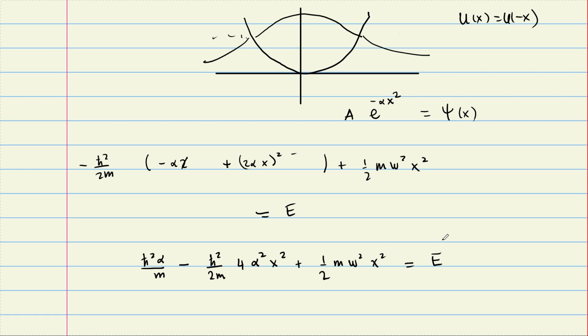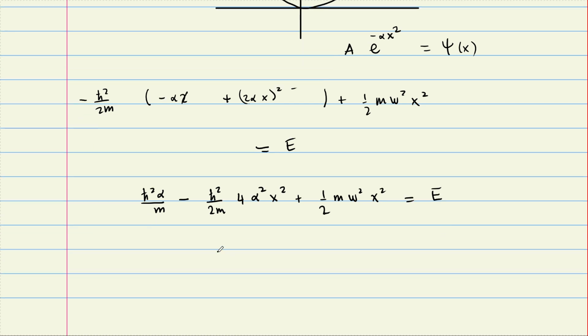E. And what do I want? Energy is the eigenstate, so there should be no x in energy, right? I cannot have position dependent energy, so I want to cancel this with this, and for this to happen I must have 1/2 m omega squared equal to h bar squared over 2m for alpha squared.